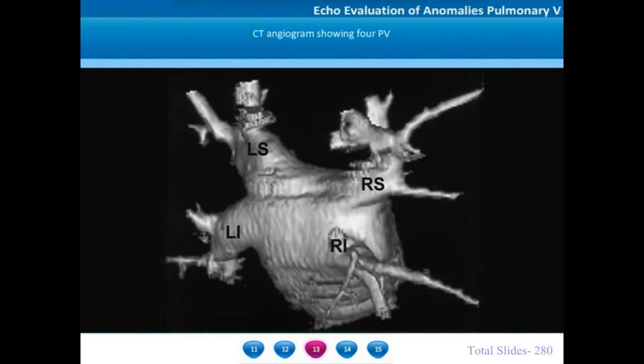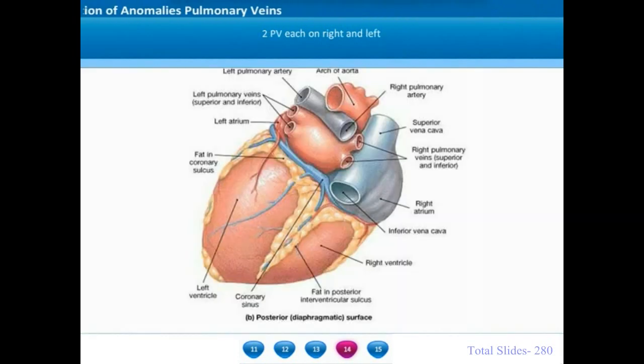You can see the upper and the lower pulmonary veins on both sides entering into the left atrium. In most hearts, there are two veins on the right side and two veins on the left side. In some, the two veins may combine together to form a common vein, and in some hearts, there can be three veins on each side.